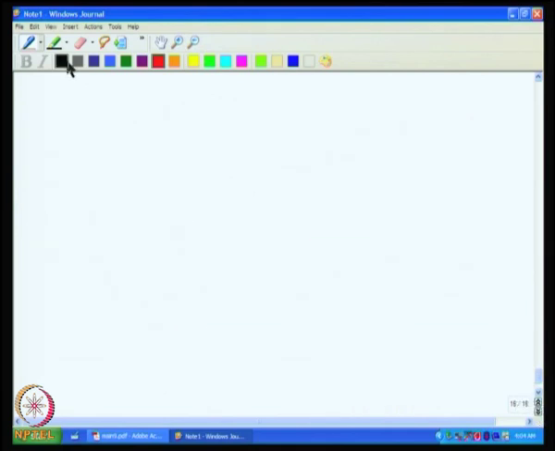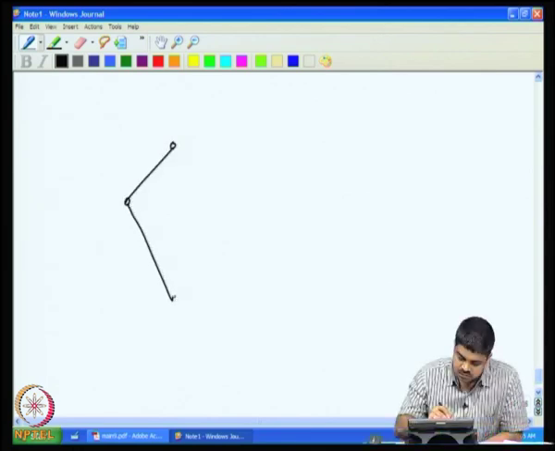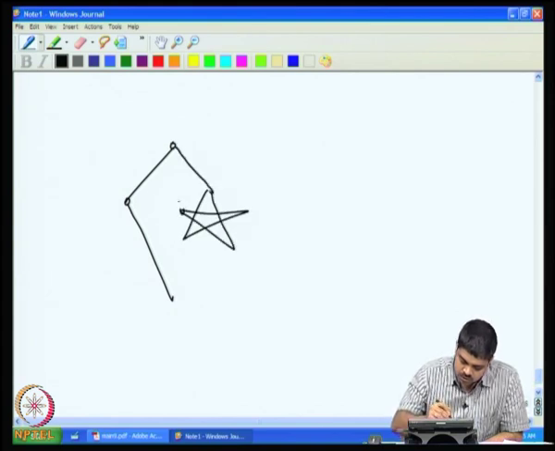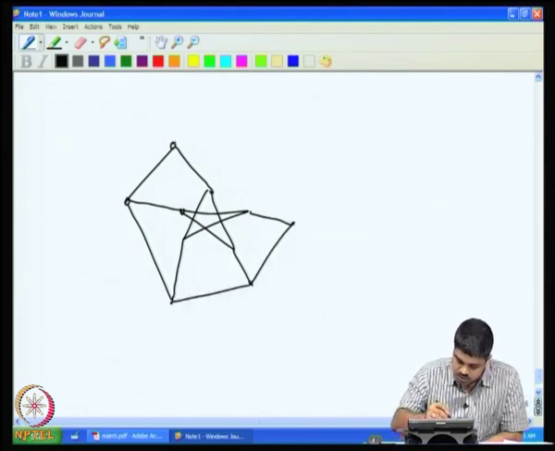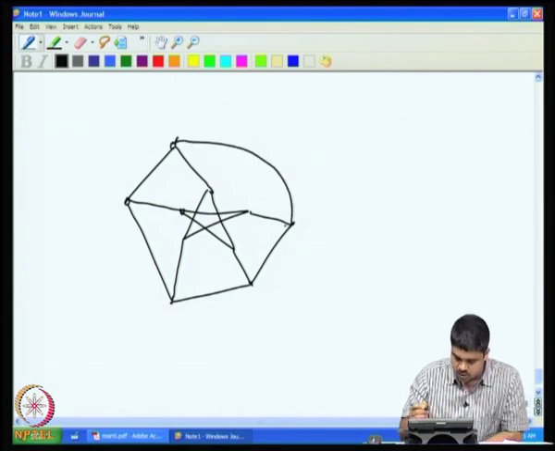If you want to understand the ear decomposition of a Petersen graph, this is a Petersen graph like this, right. So, look at this graph, this simple graph is a Petersen graph.